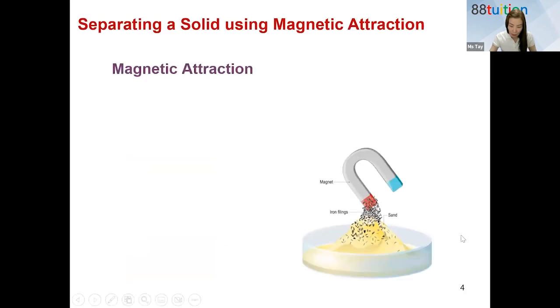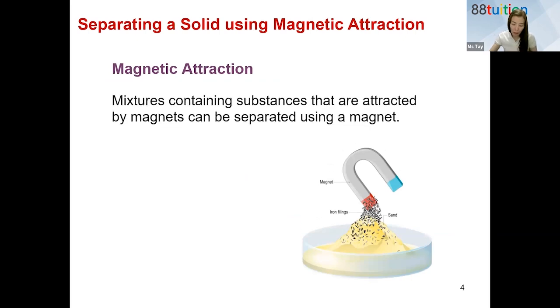Now, the first part of separation: some of you will be familiar already because you went through the lessons with me last lesson. Magnetic attraction is one way we separate mixtures. It is only for those mixtures that contain substances that are attracted by magnets. In this example, you see the diagram here, right?